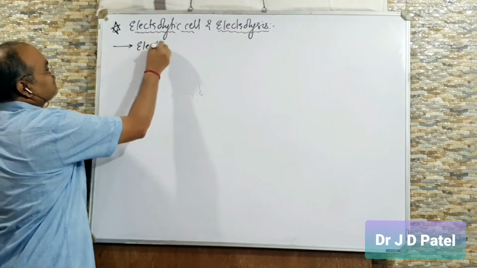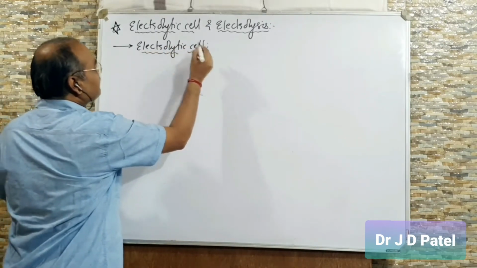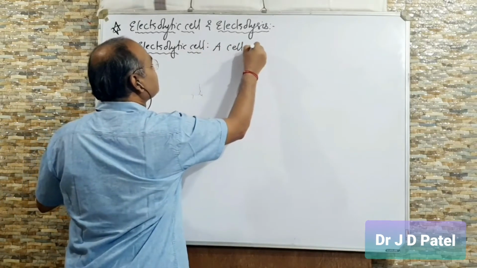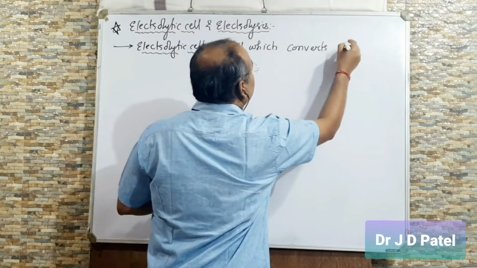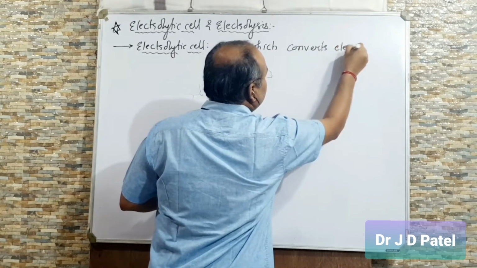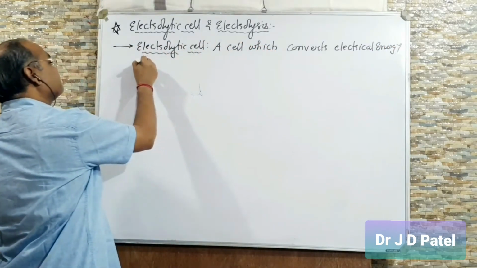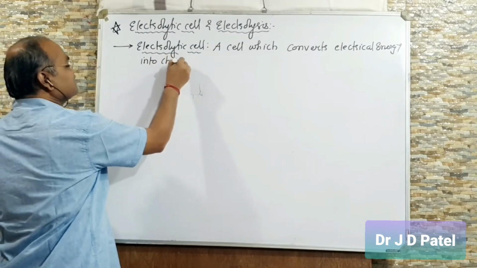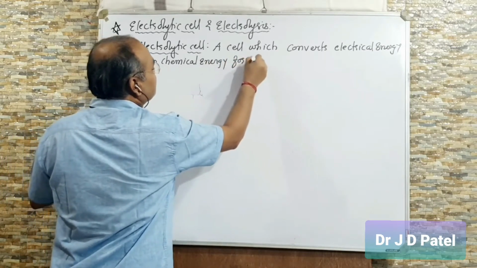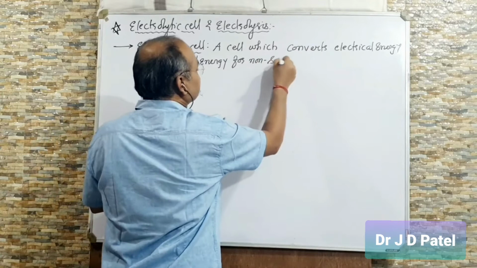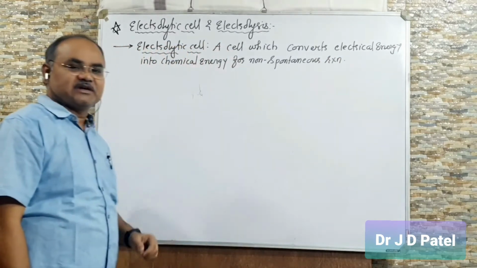First, electrolytic cell. A cell which converts electrical energy into chemical energy for a non-spontaneous reaction. And actually you have studied this in 11th standard, right?